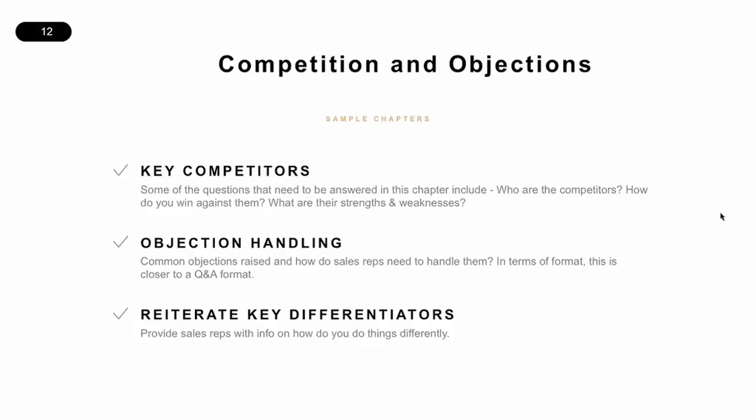Being able to reiterate key differentiators, again, a quick 3 bullet point summary against every one of your competitors as to how you win or what is your differentiator is quite critical as well from a playbook perspective.